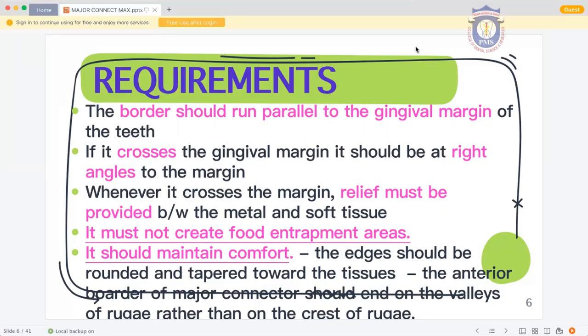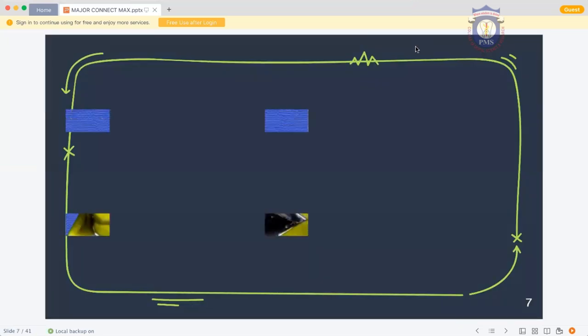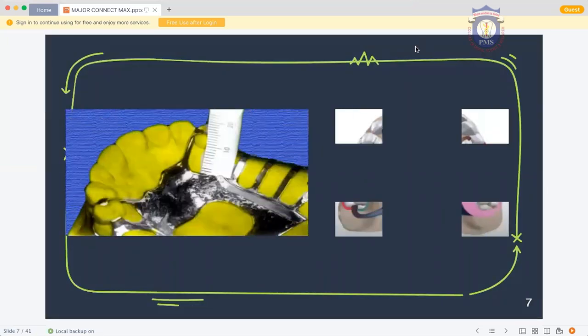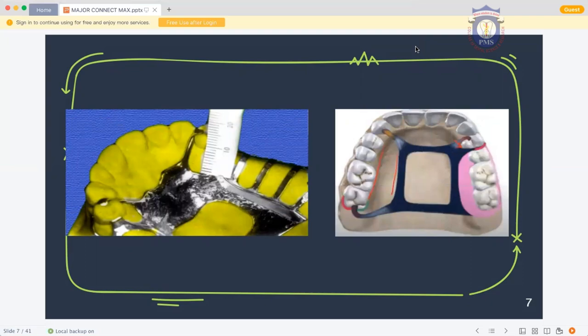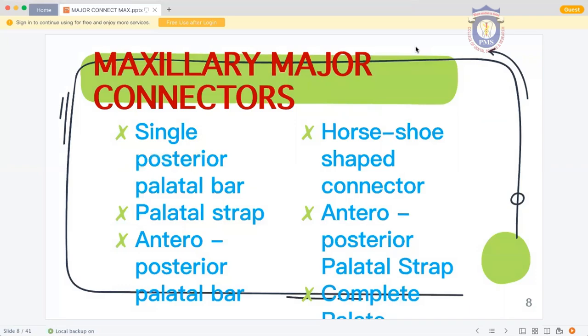Whenever we give a prosthesis to the patient, it has to maintain full comfort for the patient. So the major connector has to be kept away from the gingival margin as much as possible so that impingement on the soft tissue is avoided.